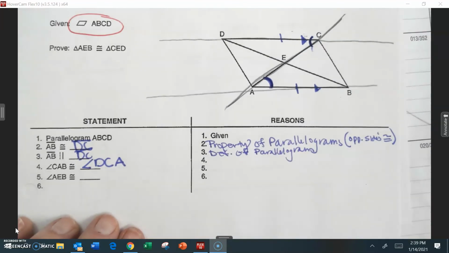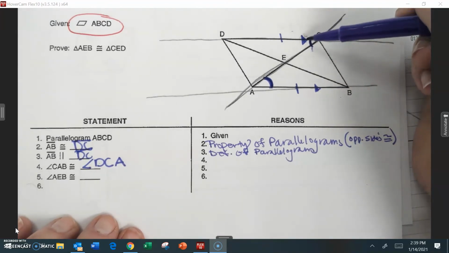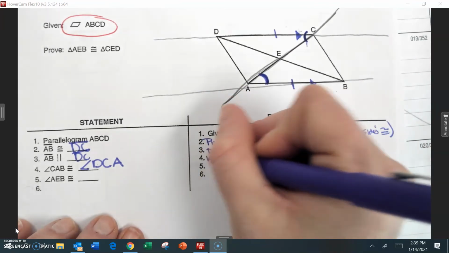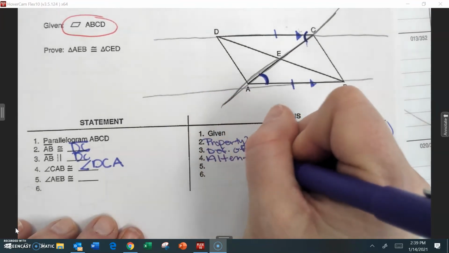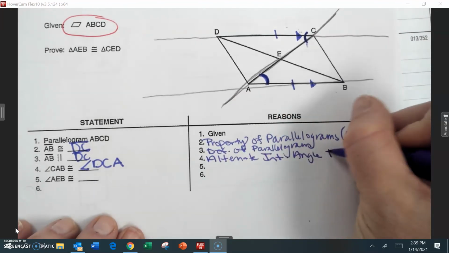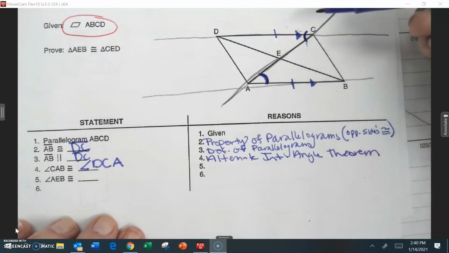And those are called alternate interior angles. So if you are starting with parallel lines, then alternate interior angles are always equal. And that, for number 4, is the alternate interior angle theorem. It is not the converse this time because we started with parallel lines.